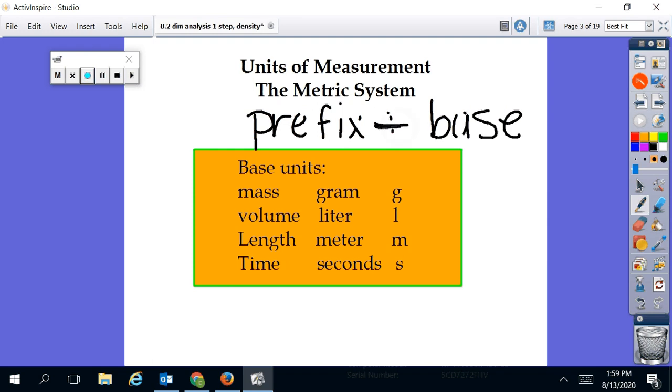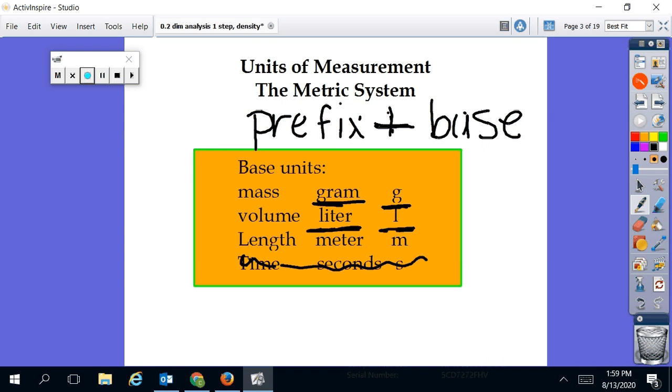And the base unit will usually be, we're not going to look at time right now, one of these three. So for example, if you're weighing something, the base unit is going to be the gram. That's the base unit of mass in the metric system. And the symbol for that is little g. If you're measuring volume, the base unit is liters, and that is little l.